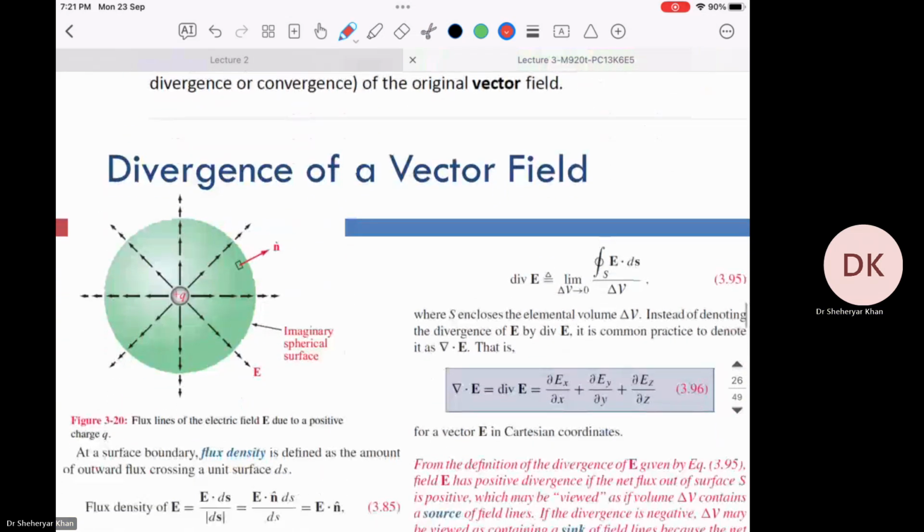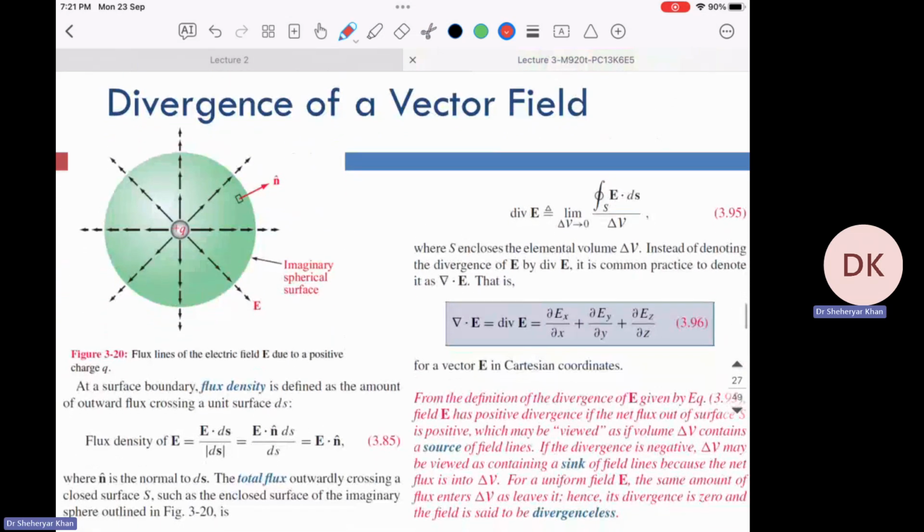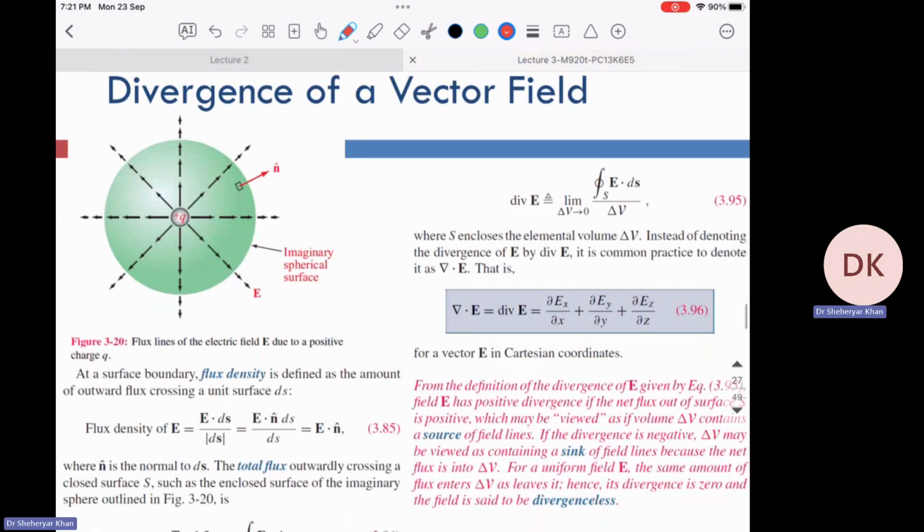Okay. Now let's take this topic from our main notebook, and then we see how to model the divergence of a vector field in terms of a mathematical formula. Okay, so we will try to find out the relationship, how to apply this operator. So you can see we have a charge q.